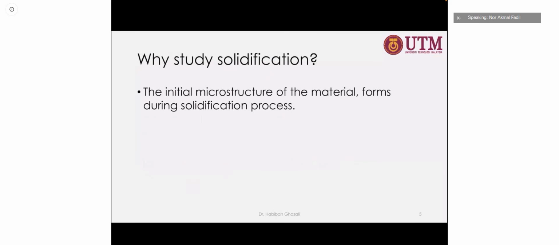Why solidification? Because the initial microstructure of the material forms during solidification. So how do we relate this to the application? You want a product, for example, an engine block.